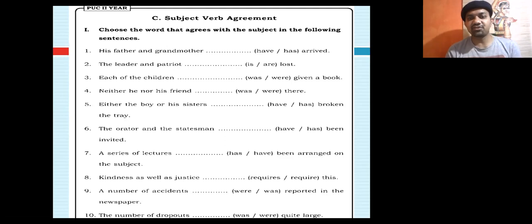A series of lectures has been arranged on a particular subject. That should give us an indication of what our verb should be. A series of lectures has, not have. A series of lectures has been arranged on the subject. The subject is one, a particular subject, and there is a series that has been organized. This can be understood this way.